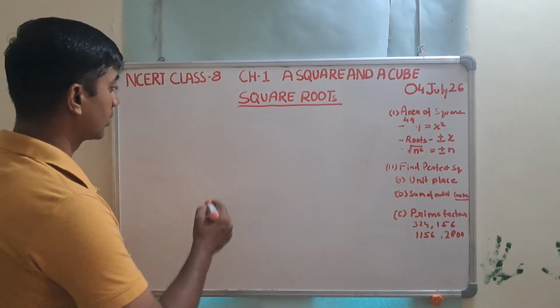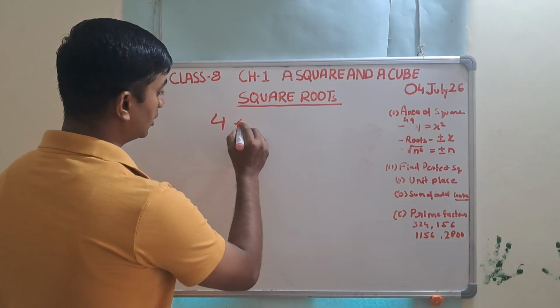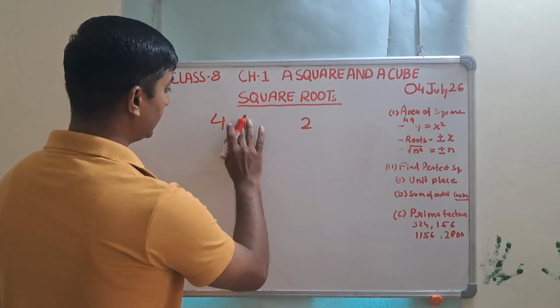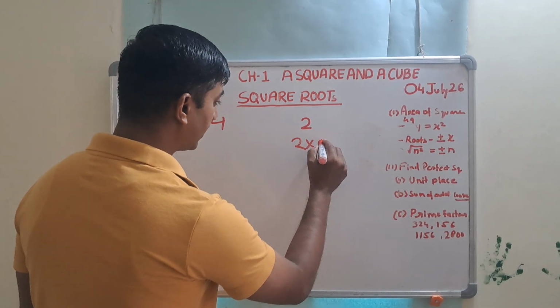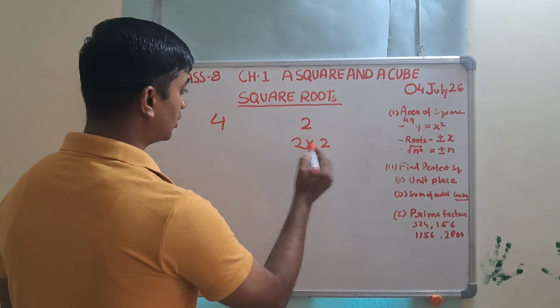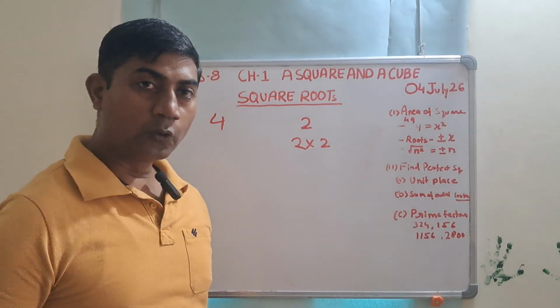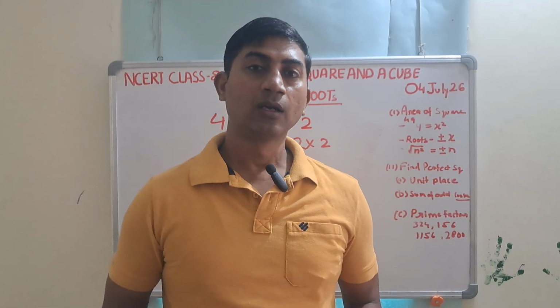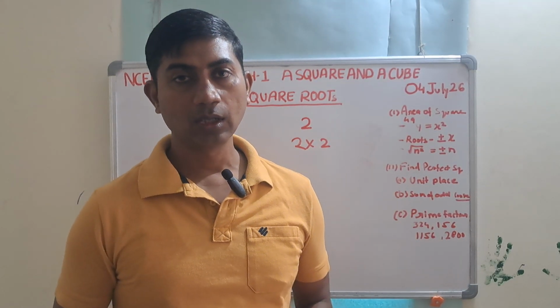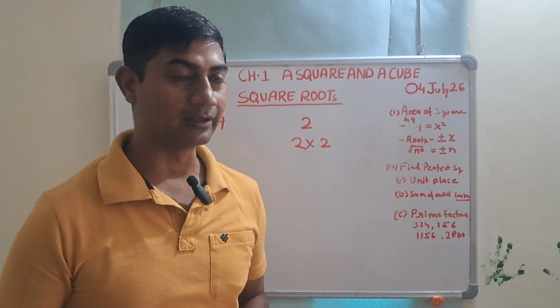See, we say 4 is the square of 2. Means we get 4 by multiplying 2 by 2. Now do we have any other integer which gives the result 4 when it is multiplied by itself? Let's think.